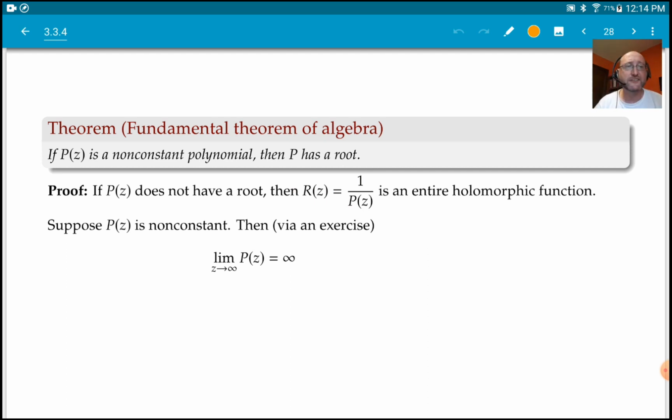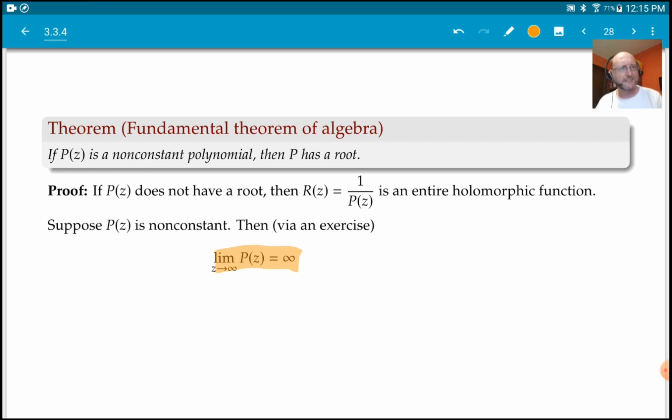Now if R is constant, there's no contradiction there. So let's suppose that P is non-constant. Then the limit as z goes to infinity, in the Riemann sphere sense, is infinity. That's not hard to show; it's an exercise earlier in the book.